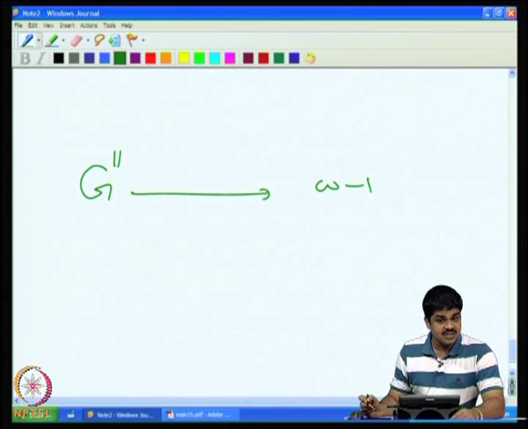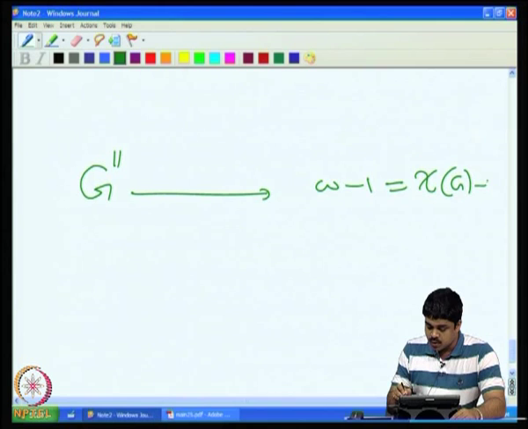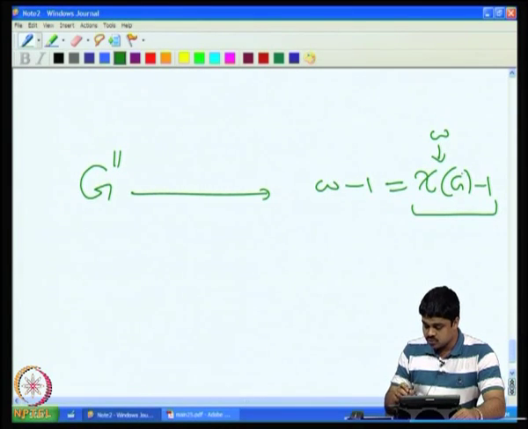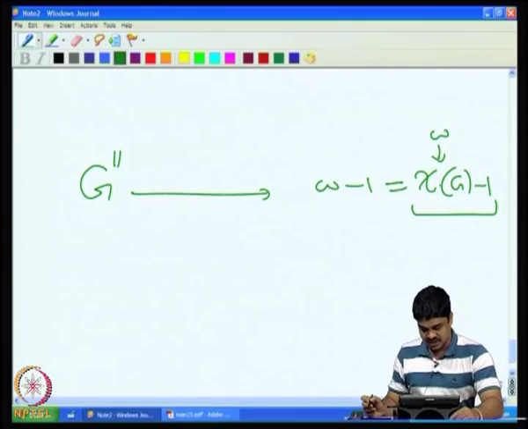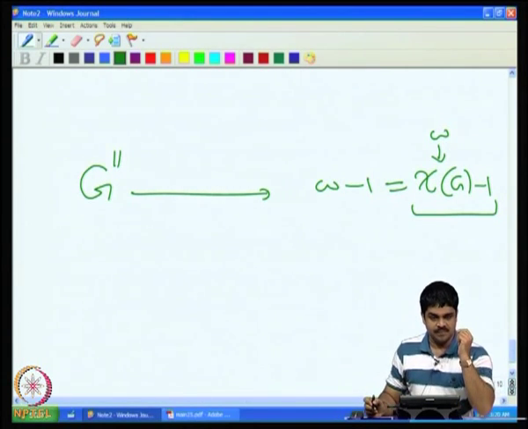Now, G double dash is an induced subgraph of the original graph G, therefore it is a perfect graph, therefore its chromatic number also has reduced to chi G minus 1, because the clique number is omega minus 1, and the original coloring number was omega. So, it should become one less now. It can be colored with one less color. So, one color we have free.